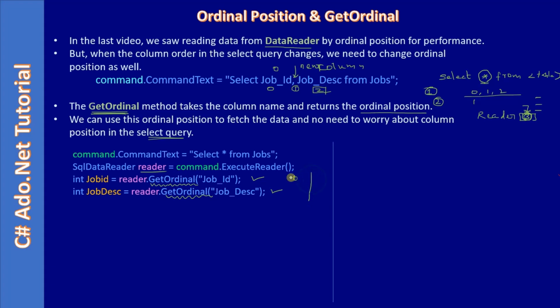Right, this is before the code change. Job description, before the code change, gives 1. After introducing the new column, the call will return a value of 0 here, and here it will return 2.